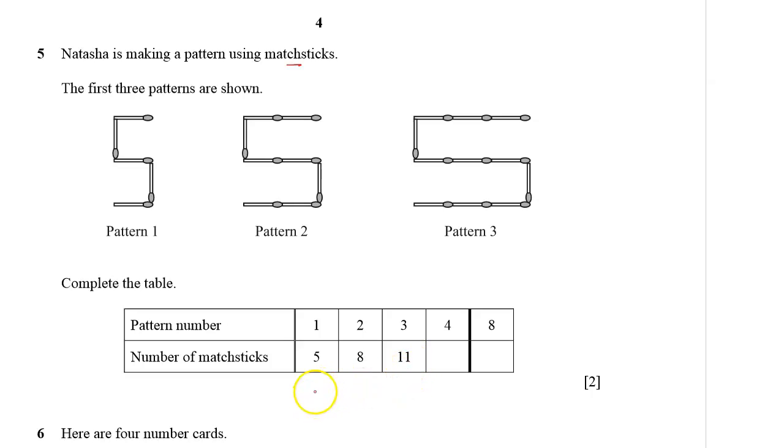Of course, to complete the pattern, you need to find by what number the matchsticks are increasing. From 5 to 8, the matchsticks have increased by 3. From 8 to 11, matchsticks have increased by 3. Increasing by 3 means we added 3 matchsticks. Therefore, from 11 to pattern number 4, we also need to add 3.